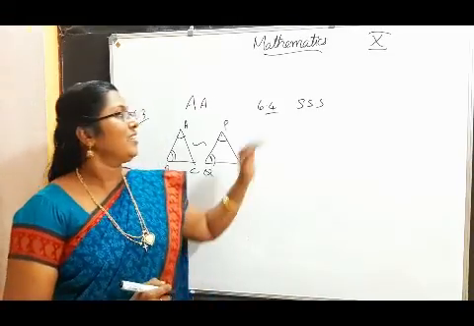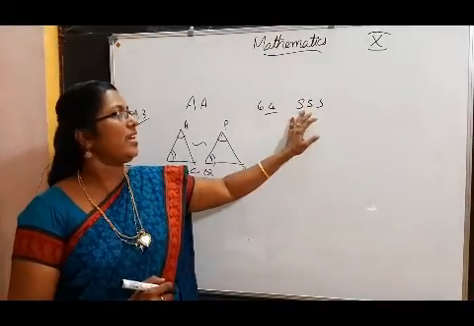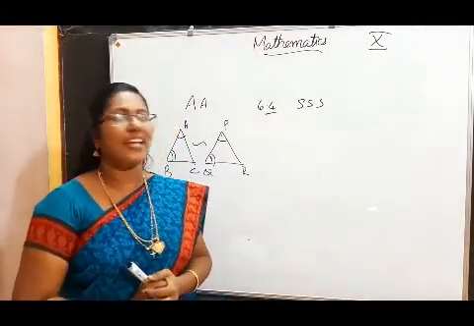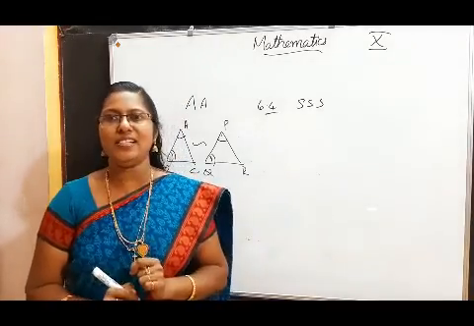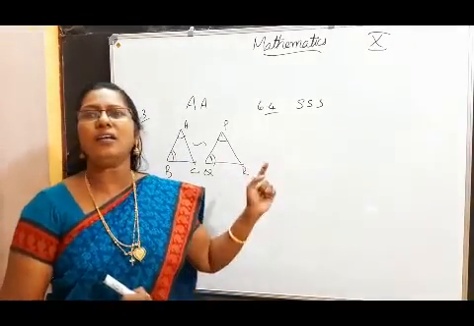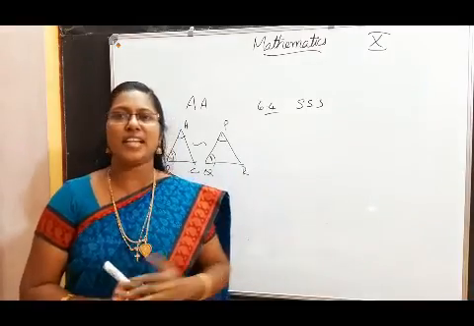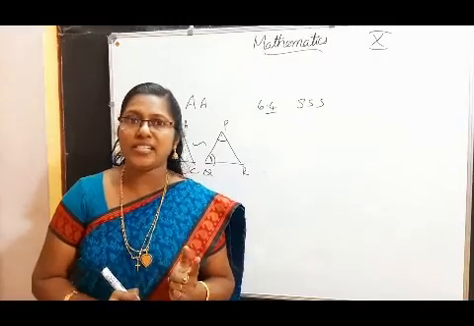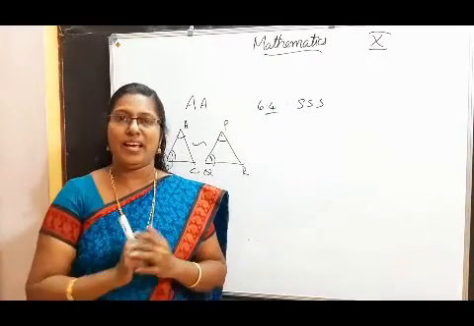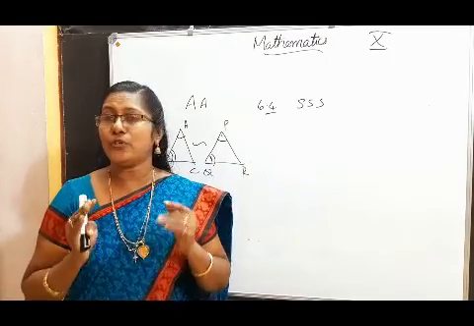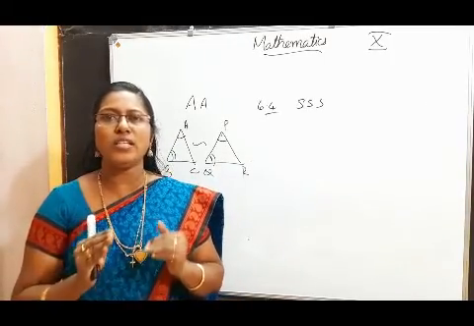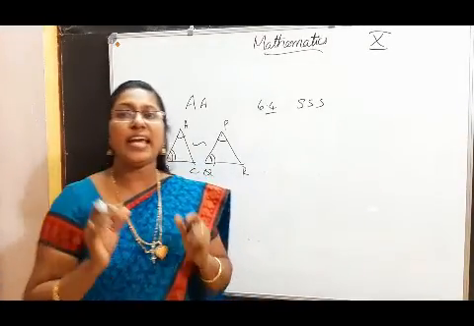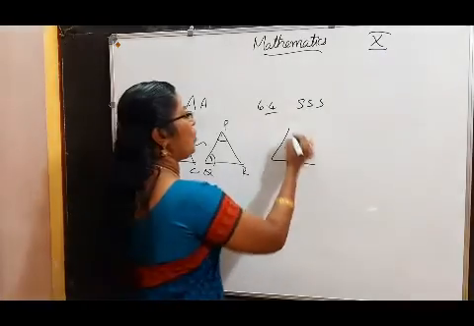The next one, theorem 6.4, that is the SSS similarity criterion. The criterion says, if in 2 triangles, the sides of one triangle are proportional to the sides of another triangle, then their corresponding angles are equal and hence the 2 triangles are similar. I repeat, if the sides of one triangle are proportional to the sides of another triangle, then their corresponding angles are equal.